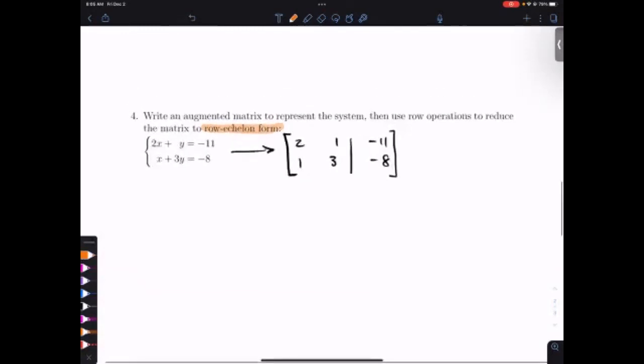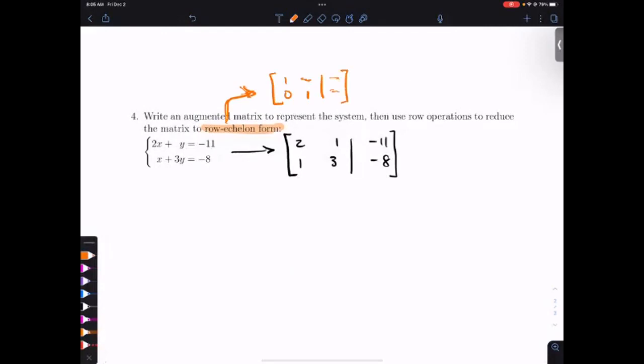Okay, and our instructions are reduce it to row echelon form. So our goal is basically that: 1's on the diagonal, 0 underneath, right? That lower triangular thing.